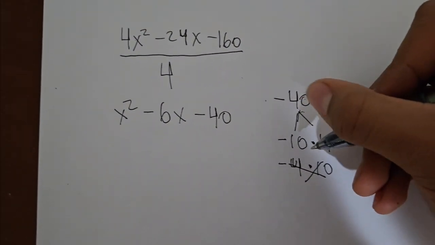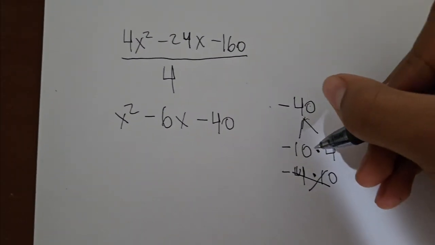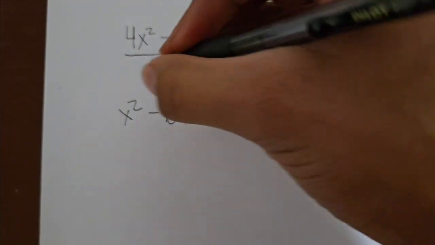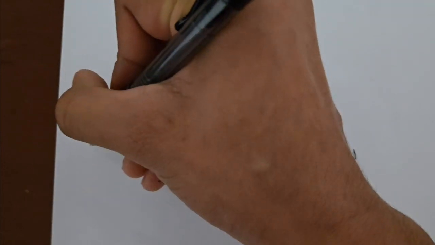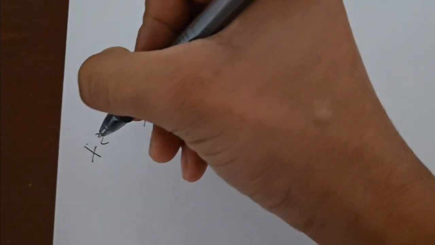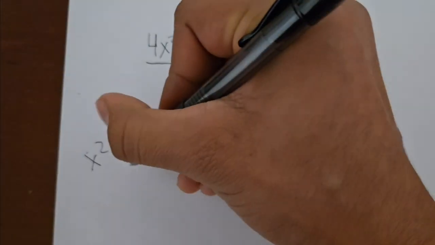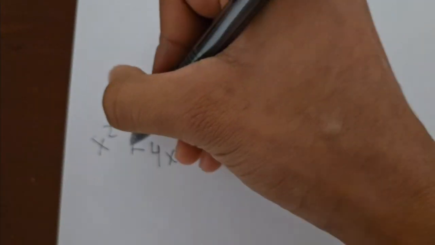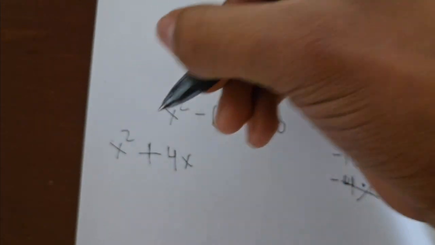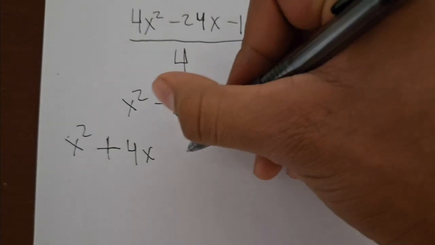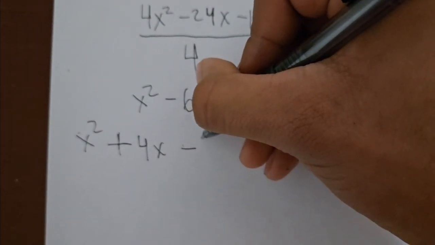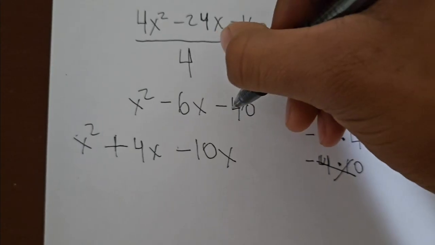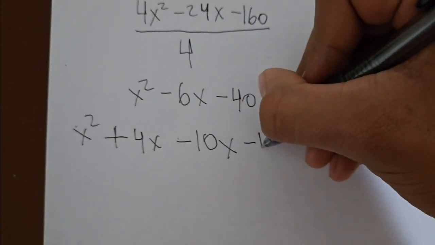After finding the perfect factors, we substitute negative 10 and 4 in place of the negative 6. This is how it would look: x squared plus 4x minus 10x minus 40.